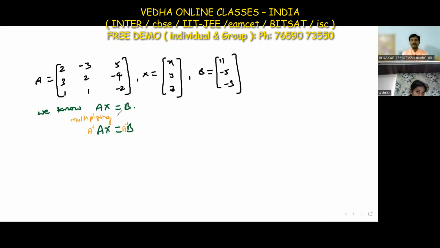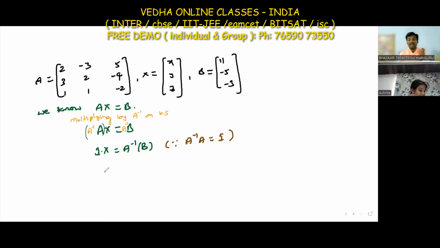Now A inverse into A is equal to I, the identity matrix, and into X equals A inverse into B. The formula used here: A inverse into A is equal to I, the identity matrix. When we multiply a matrix with its inverse, we always get the identity matrix.